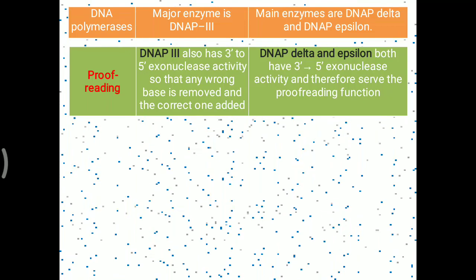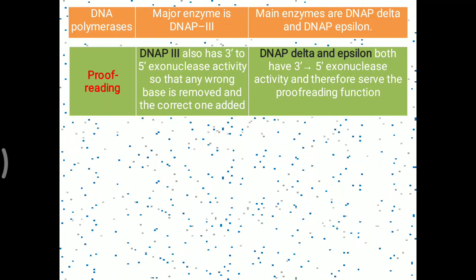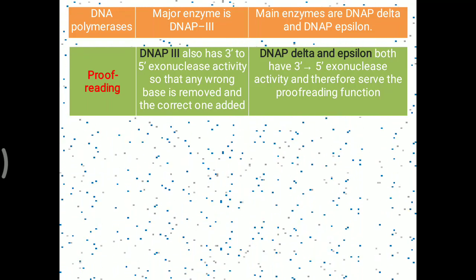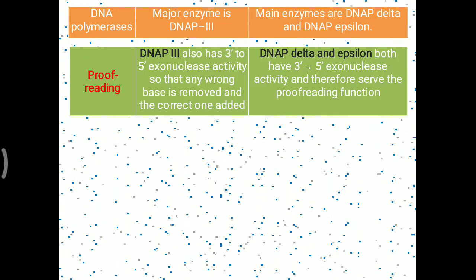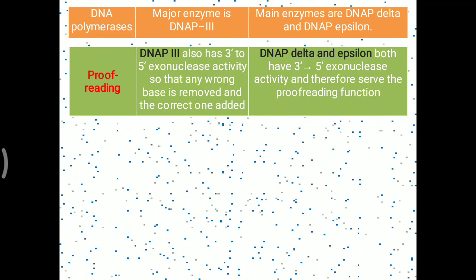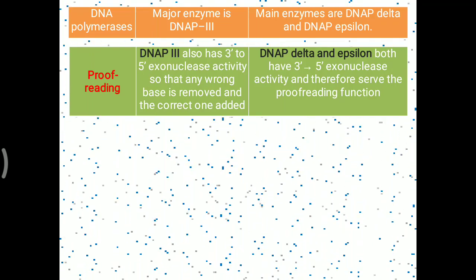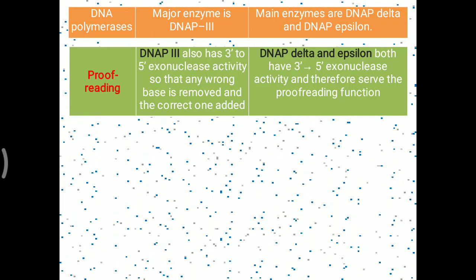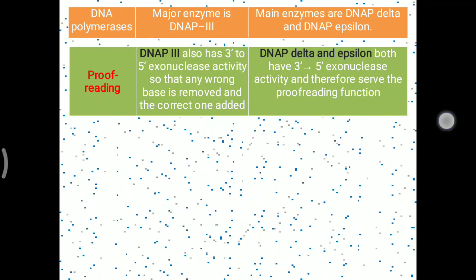It also has 3' to 5' exonuclease activity, so that any wrong base is removed and the correct one is added. While DNA polymerase delta and epsilon both have 3' to 5' exonuclease activity and therefore serve a proofreading function in the eukaryotic. So for the eukaryotic you have to remember DNA polymerase delta and epsilon.